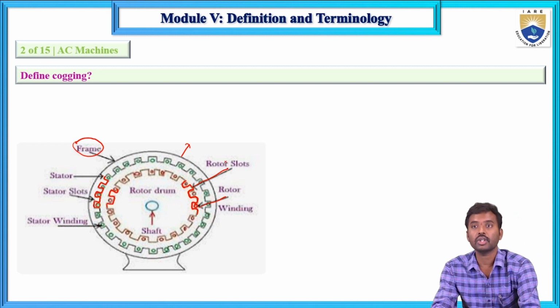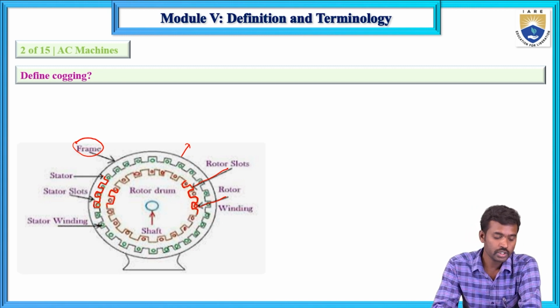Suppose the rotor slots equal the stator slots, so what will happen? At the time of starting, there is a magnetic locking in the induction motor.